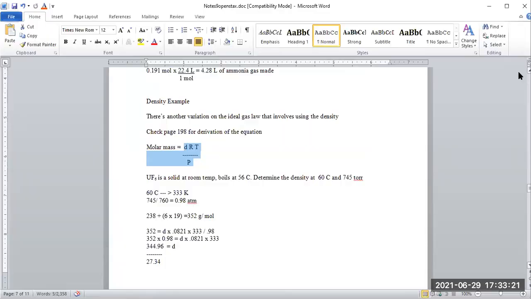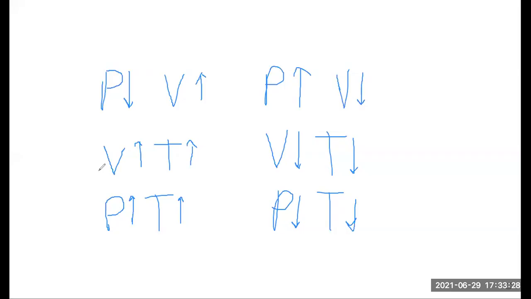Let me go back over here to my whiteboard. All right, so M for your molar mass. Okay, big square root symbol, with everything underneath it here.